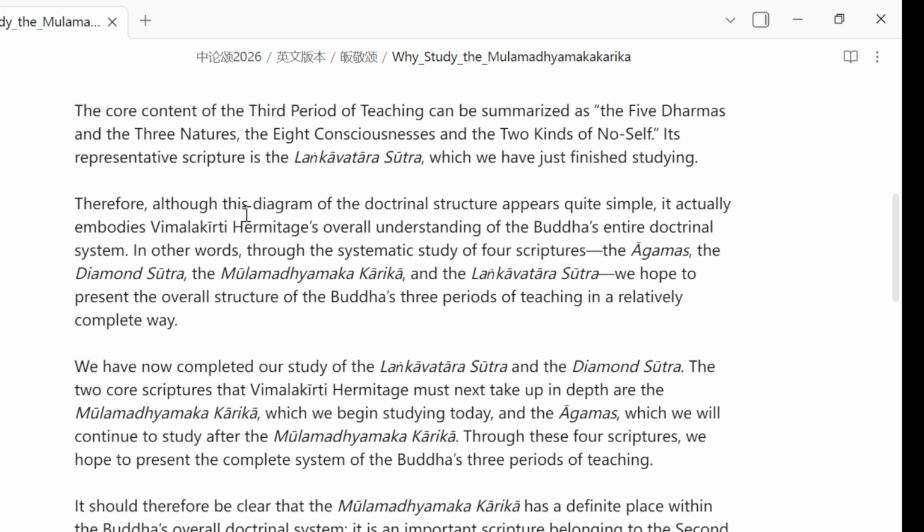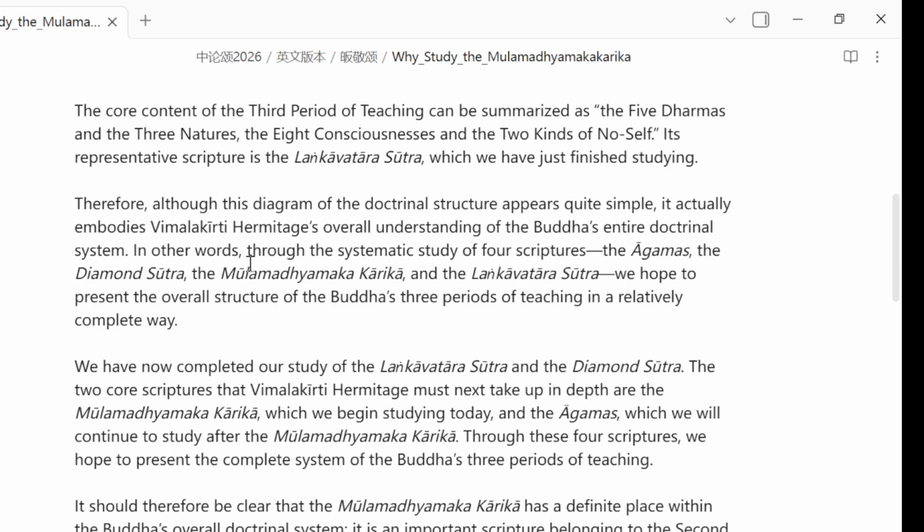Therefore, although this diagram of the doctrinal structure appears quite simple, it actually embodies Vimalamitra's overall understanding of the Buddha's entire doctrinal system.